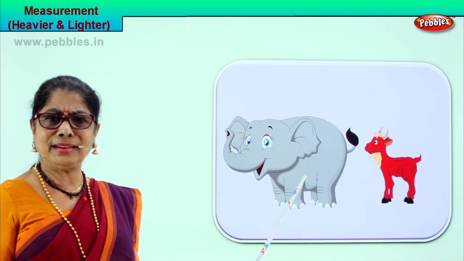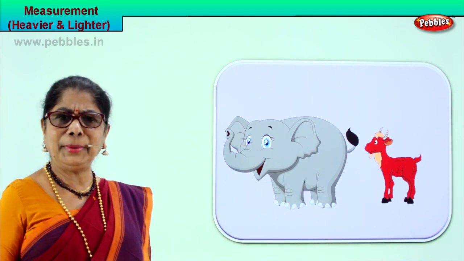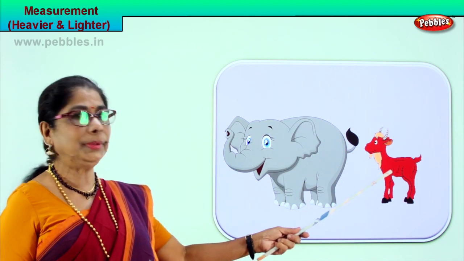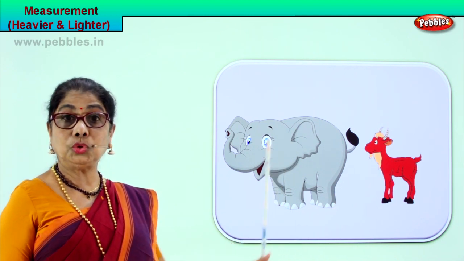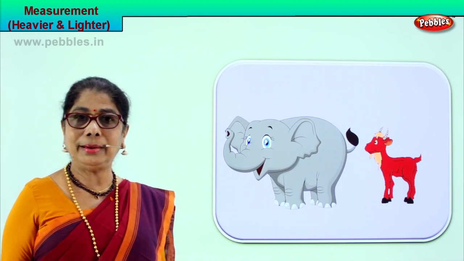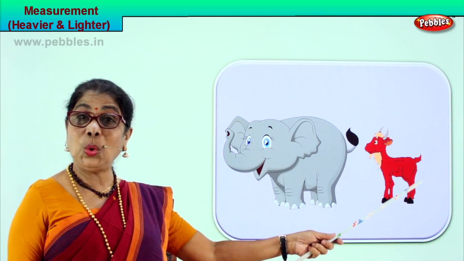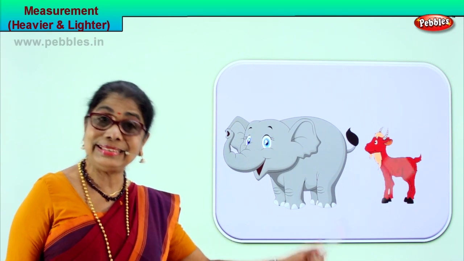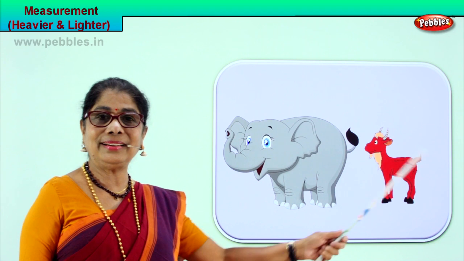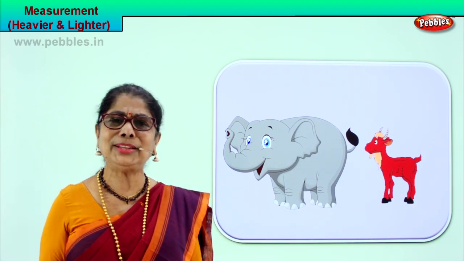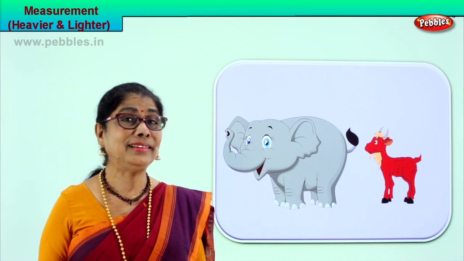You put them on the machine and see so many kgs. The goat may be just 10 to 12 kg. This would be 100, 200. The elephant is heavier than the goat. The goat is lighter than the elephant. Heavier, lighter, lighter, heavier. I'm sure now you understood what is heavier, lighter.